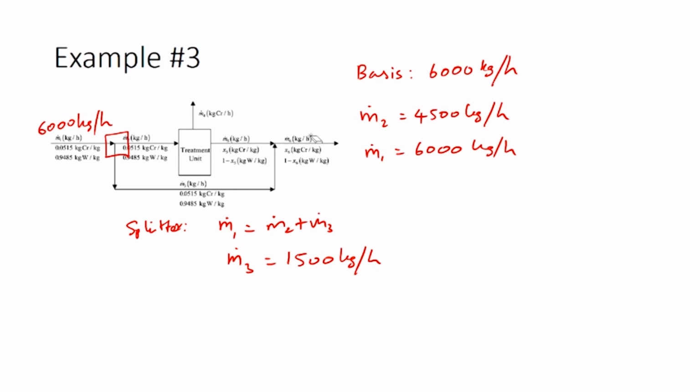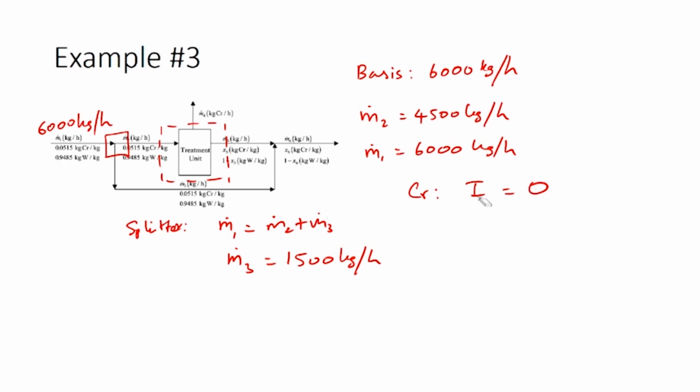For this, we can write material balances for the treatment unit. We can write a chromium balance. The chromium balance says that the amount of chromium input would be equal to the amount of chromium output, because there is no reaction, so no generation or consumption, and at steady state there will not be any accumulation.